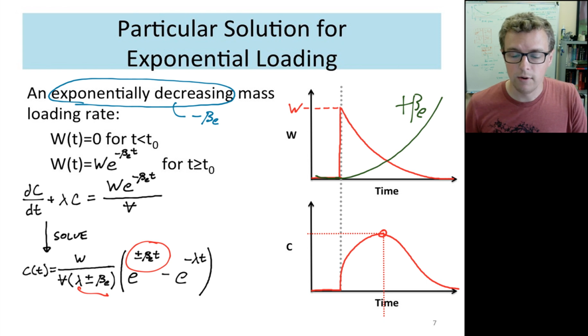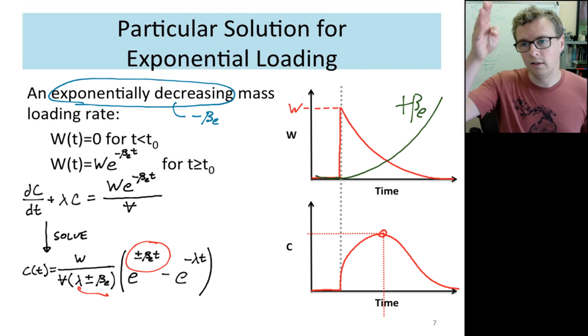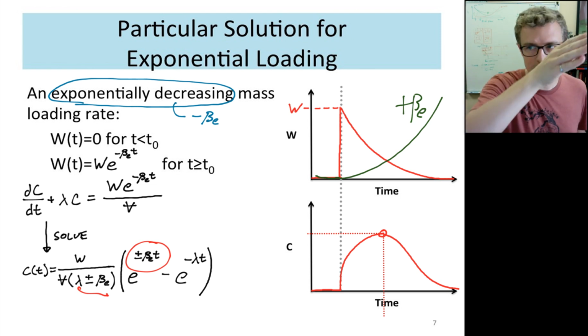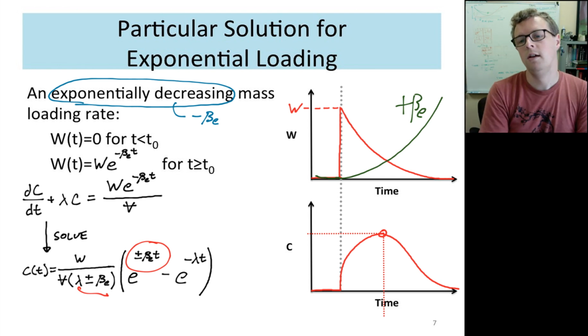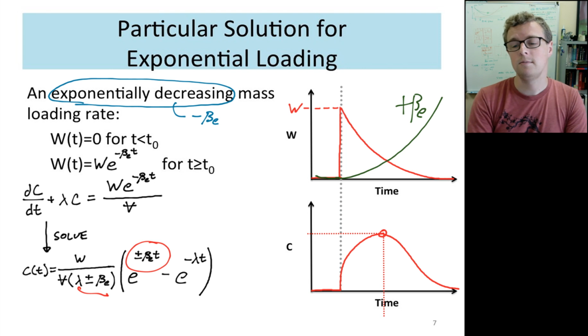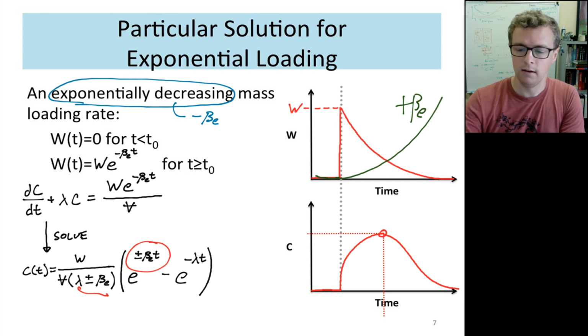Now, what does concentration do here? And this is shown in red going with the exponentially decreasing load. You get concentration ingrowth to a point, and that load is continuing to go down, down, down, down, down through time. And so at some point, the system can actually remove more mass or remove mass more quickly than you're adding it. And so your concentration comes up to this peak.